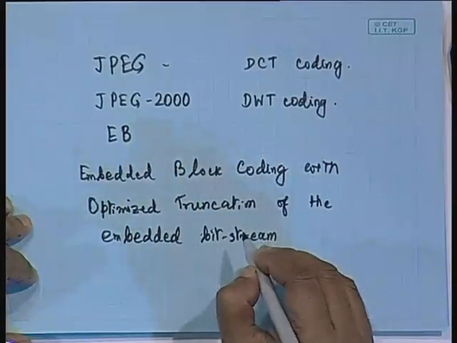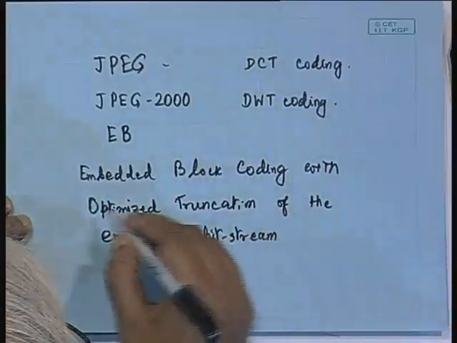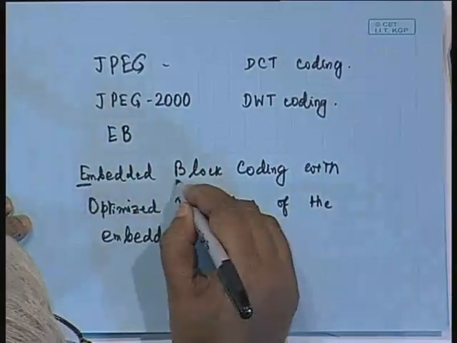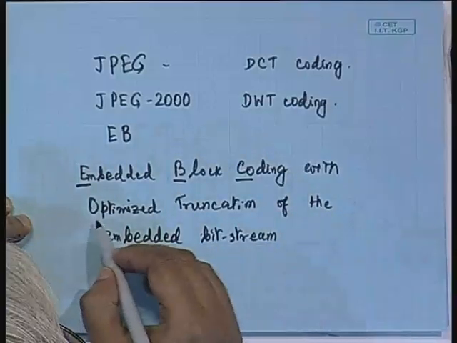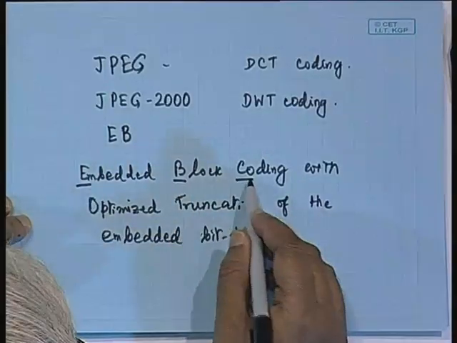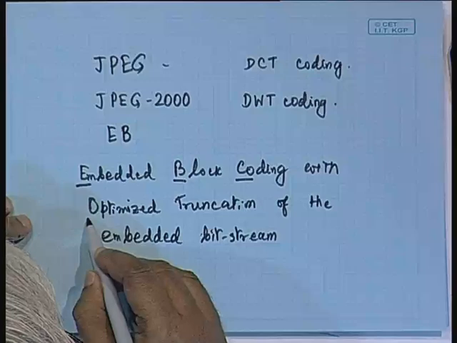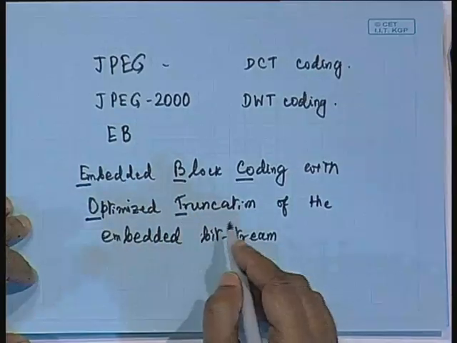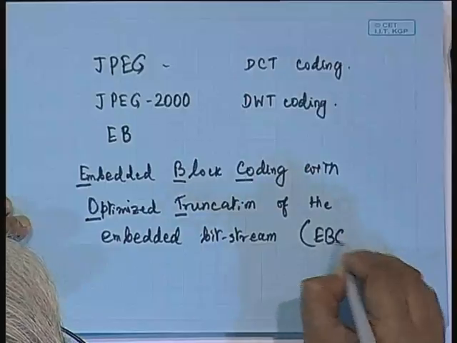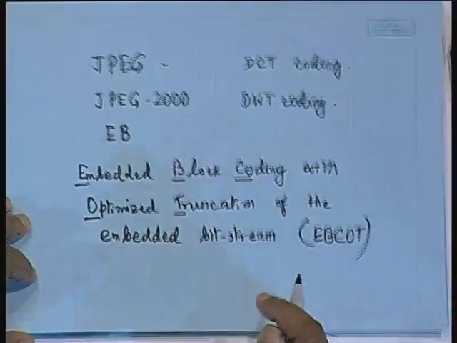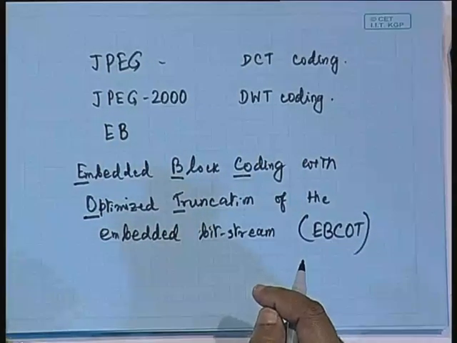A very long sentence it is, but every time we talk in terms of abbreviations: embedded block coding, where the basic philosophy is optimized truncation, and this is called EBCOT in short form.